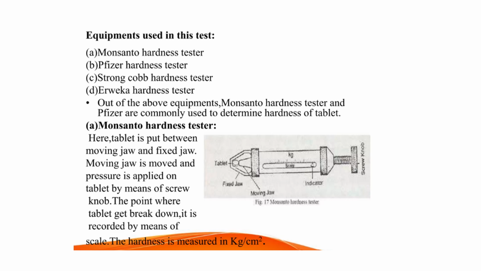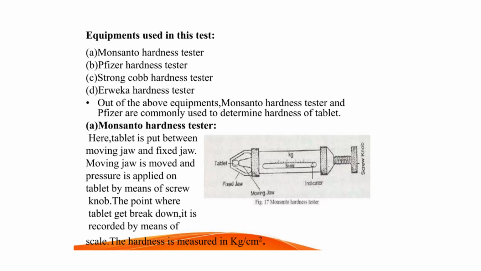Okay, so this is the Monsanto tester. In the lab also we have this tester. In this tester you can see one screw and one scale. Then in this position you can see a moving jaw and a fixed jaw.